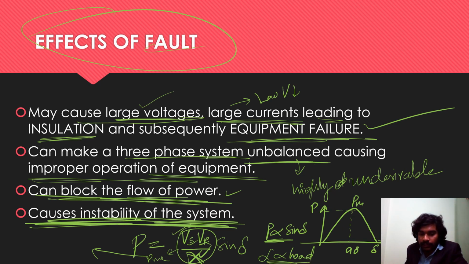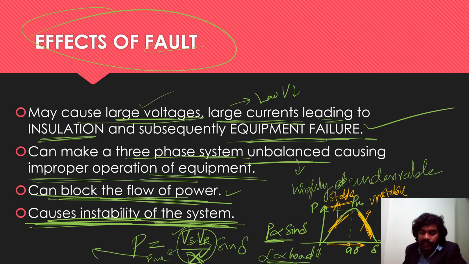So if you increase your load, delta will increase from 0 and keep going forward. When delta becomes 90 degrees, the maximum limit that the power system can transfer is reached. If you try to draw more power from that system beyond its limit, what happens? It falls into the unstable region. This region is called the unstable region, and this region is called the stable region.